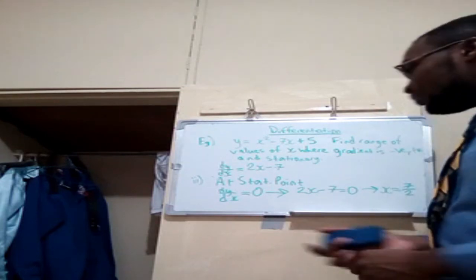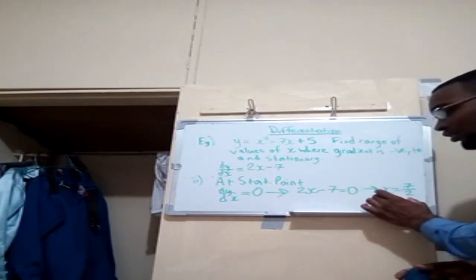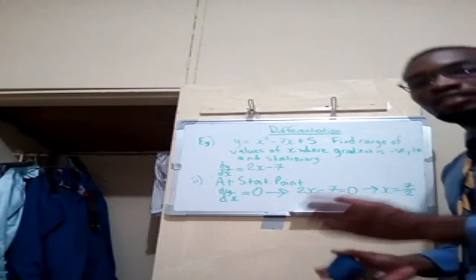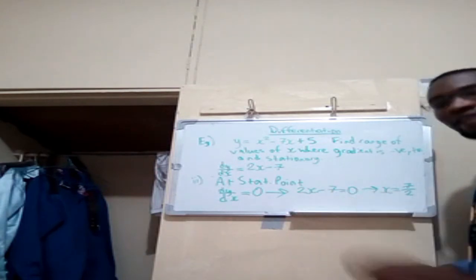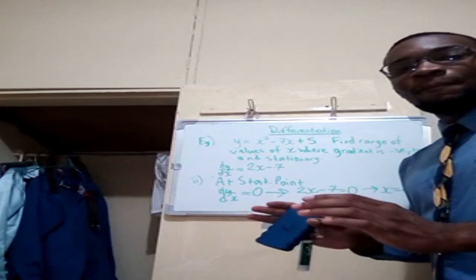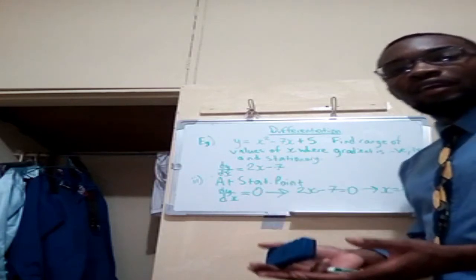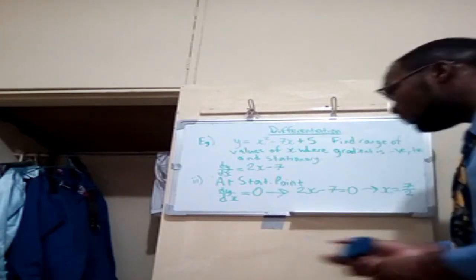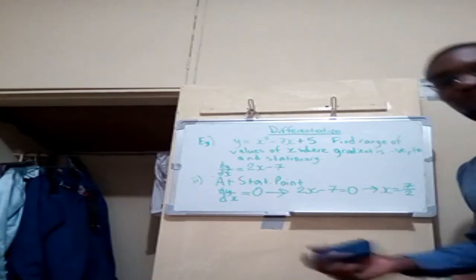Now, this just gives us one ordinate, and we know that x and y occur as a pair for the coordinates. So we need to find the y value at the stationary point.